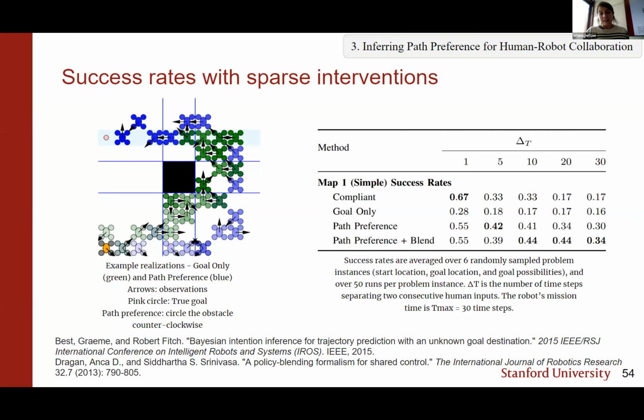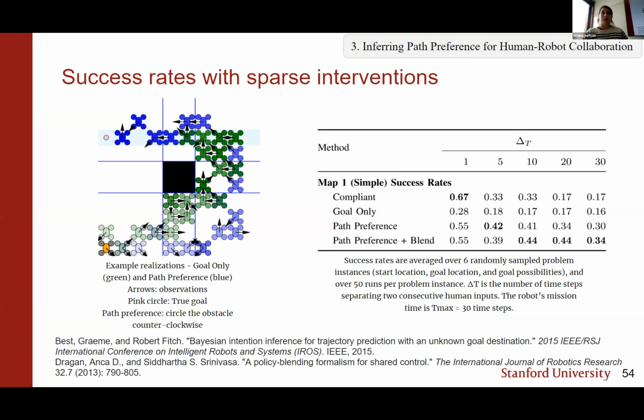And the last thing we tried to do is integrate the notion of policy blending with our solution. A policy blending formalism was introduced by one of Draken's papers. The idea is that as the human is providing observations, we want to arbitrate between the indications that they're giving and what the robot thinks the optimal solution to the task is.